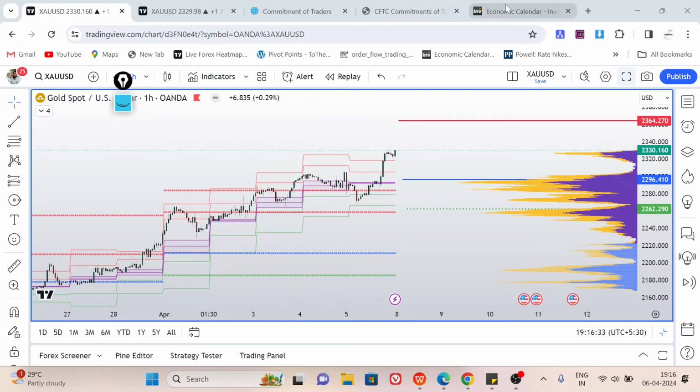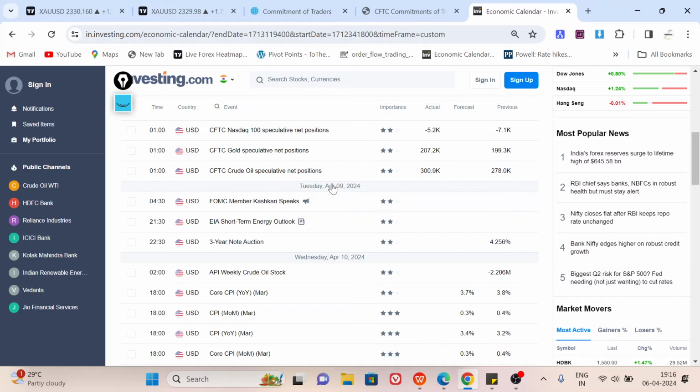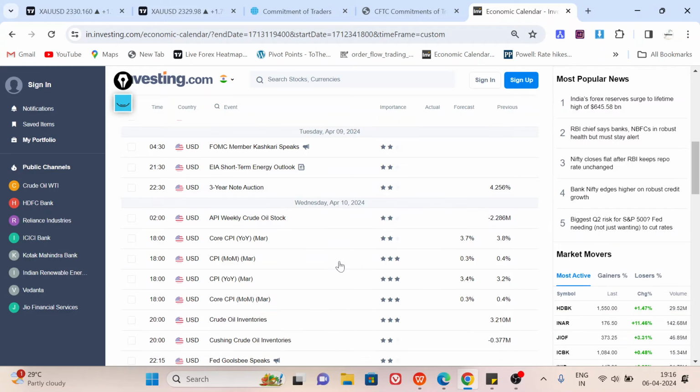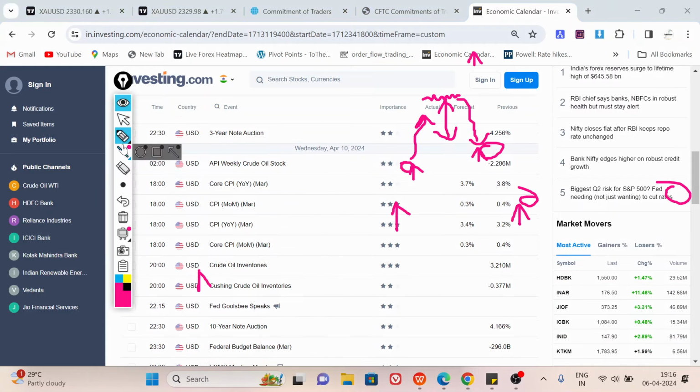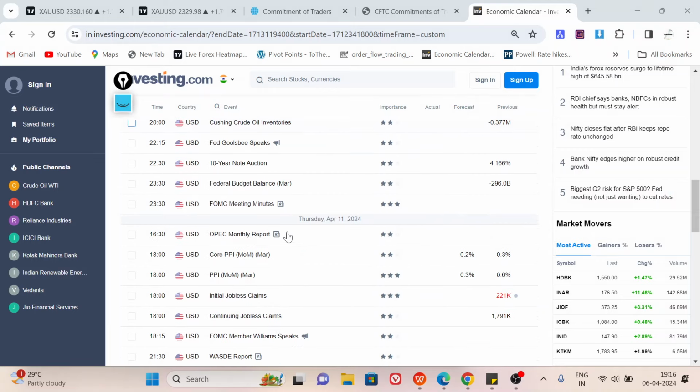And for next week, the important data that we have to watch is on Wednesday. On Wednesday we have CPI data, and core CPI. The FOMC meeting minutes, which is highly impactful data, is also on Wednesday.